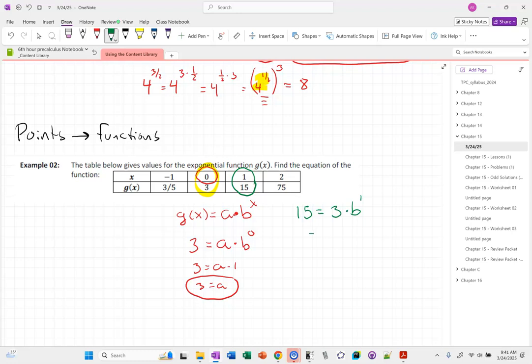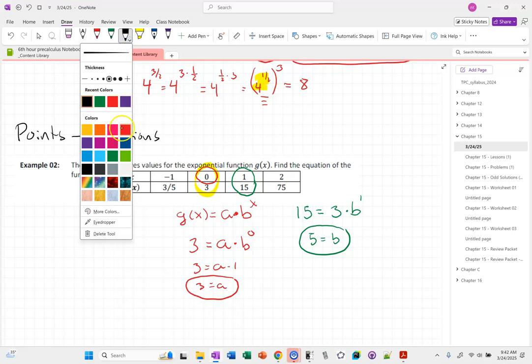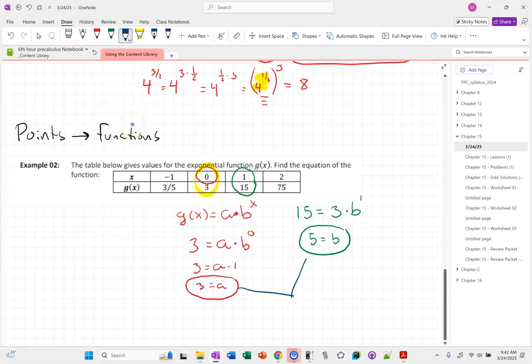So if I just divide both sides by 3, I get that b is 5. And if I put those two together, I have g of x equals 3 times 5 to the x, which is obviously equal to 15 to the x, right?